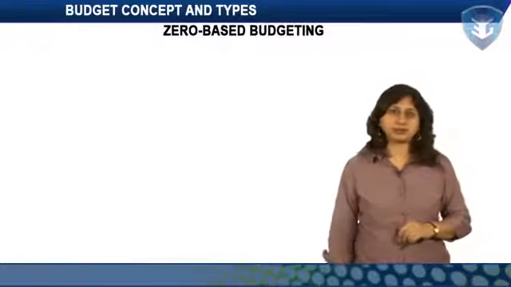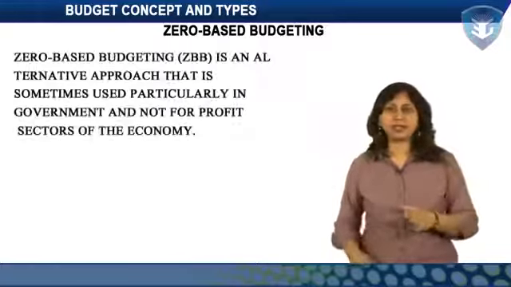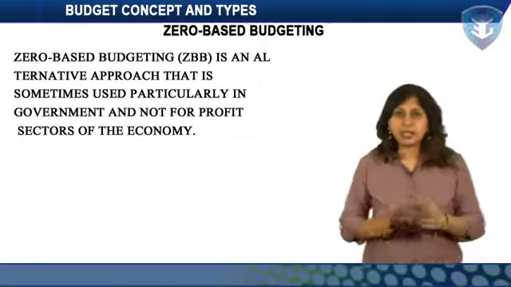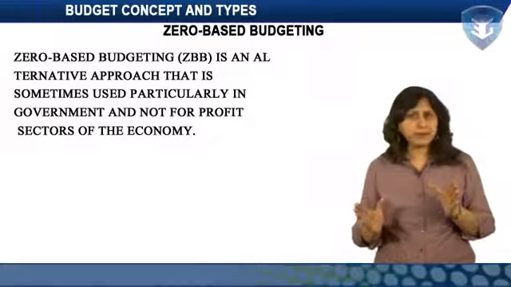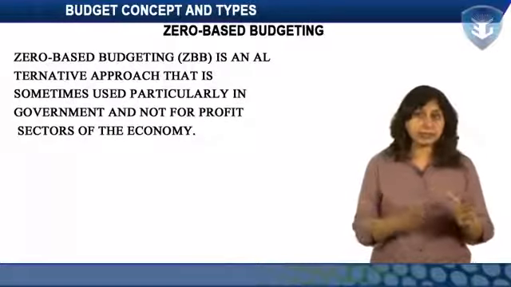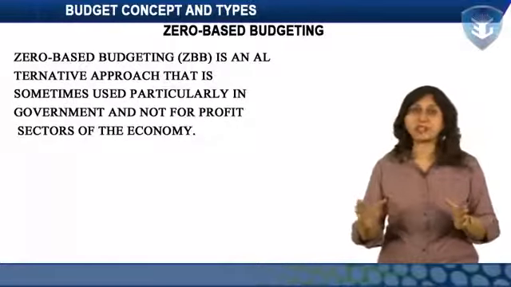Zero-based budgeting. Zero-based budgeting, ZBB, is an alternative approach that is sometimes used, particularly in government and not-for-profit sectors of the economy. Now, what is zero-based budgeting compared to more traditional budgeting?